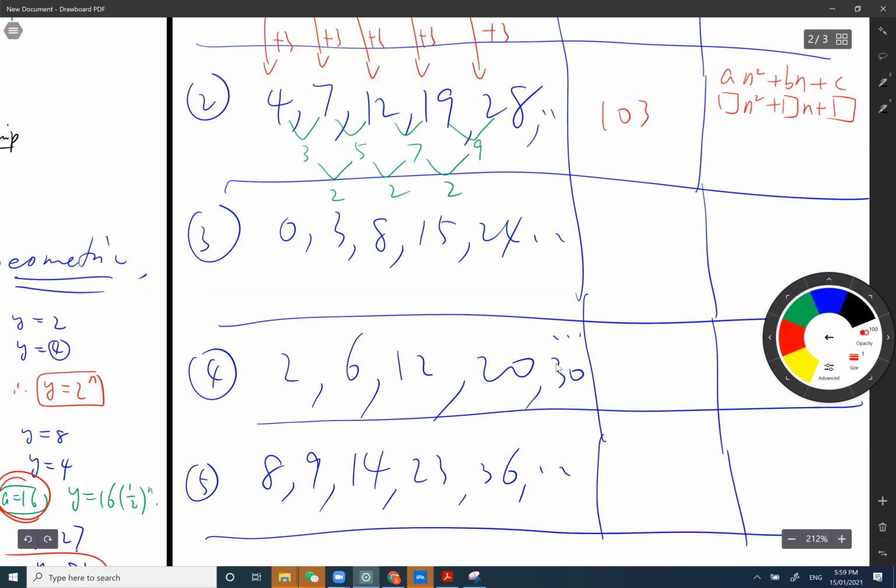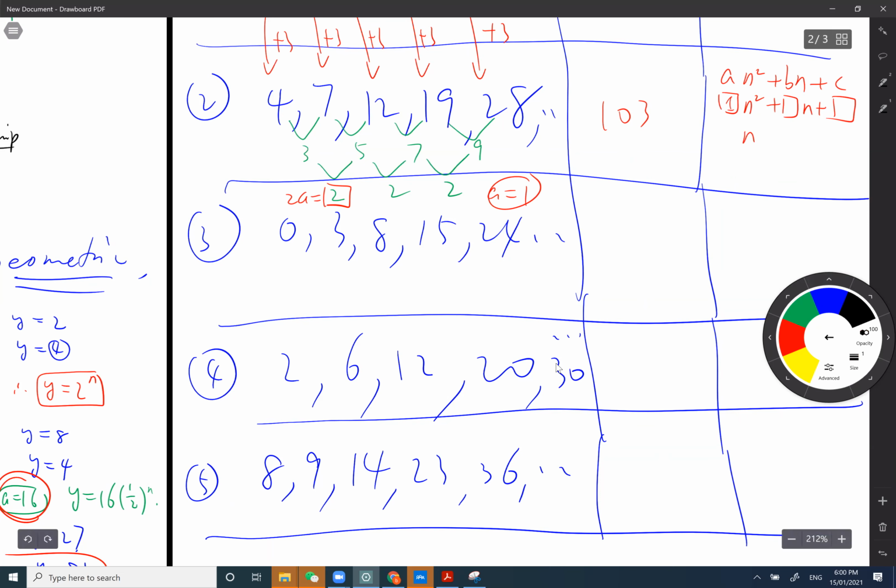The first knowledge: this second difference is just 2a. Let's check the next one. Therefore, a equals 1. Let's check number 3.